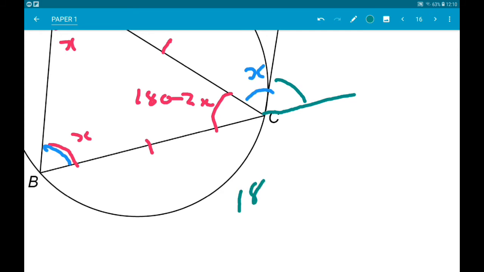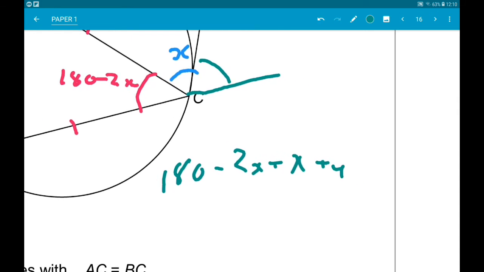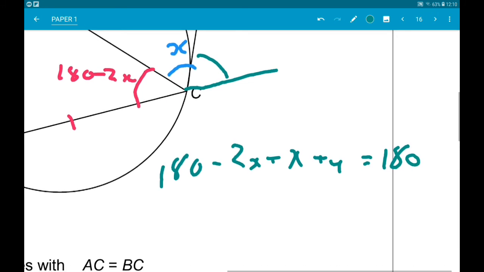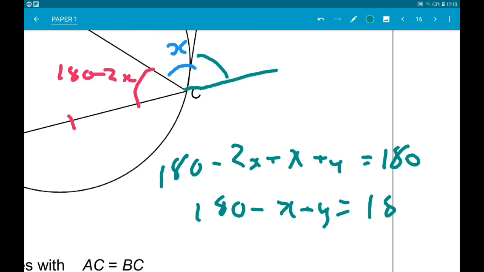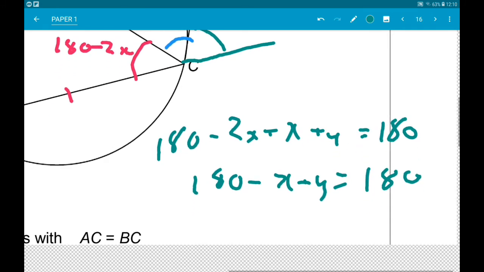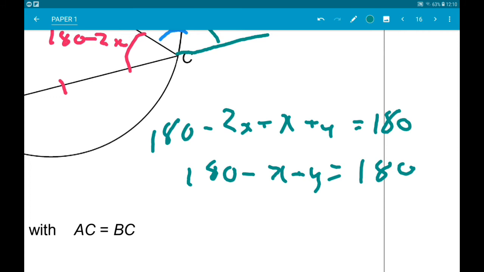So we have 180 minus x add y is 180. Then we can subtract 180 on both sides.